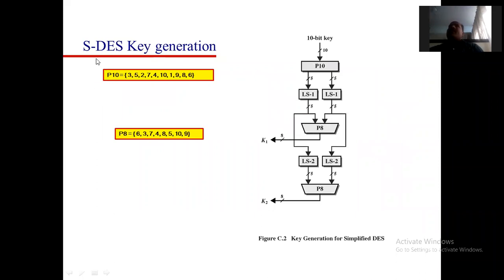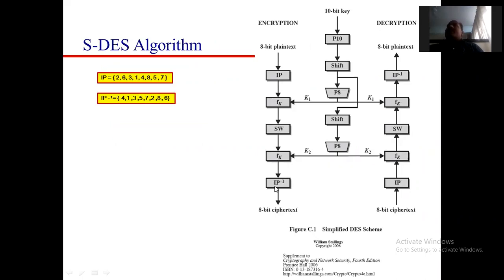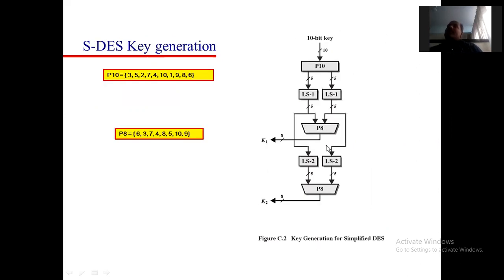Now, here is how the SDS key generation is going to happen. Whatever we have in this diagram, internally how this key generation is going to work, that is shown here. This is the key generation for simplified DES. I will give you 2 minutes, just note down this diagram here. This is very important.